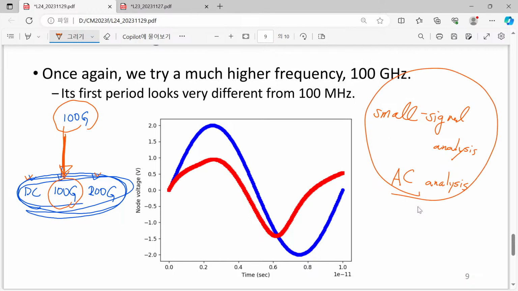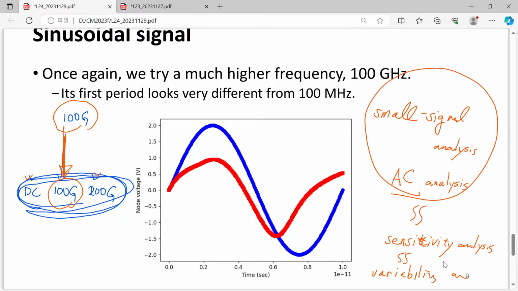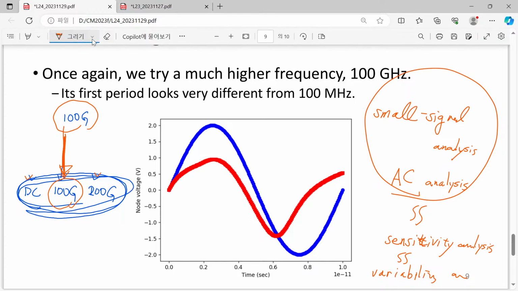it is closely related with sensitivity analysis. Also, it is quite much related with variability analysis. If you are coming from another department, then you cannot understand right now the importance of these issues.